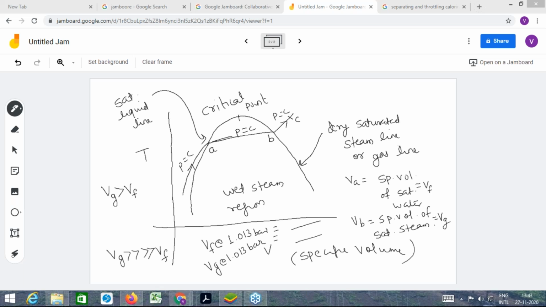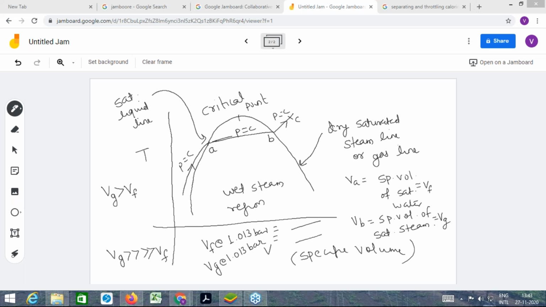Now suppose you are given a wet steam which is 50% dry. So you find out the specific volume of that wet steam. Similar to what we had done for enthalpy, I want you to do the same trick for finding the specific volume of wet steam.